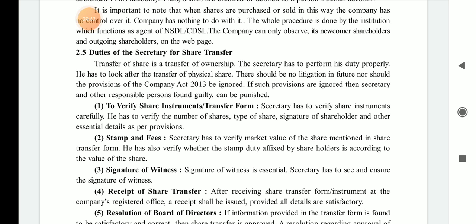So I request you all to kindly watch it very carefully and be ready for your examination. See, here some topics are removed by the board, but we have to learn it very carefully because it is a concern for future topics. So read it very carefully, see it very carefully up till the end. Thank you very much.